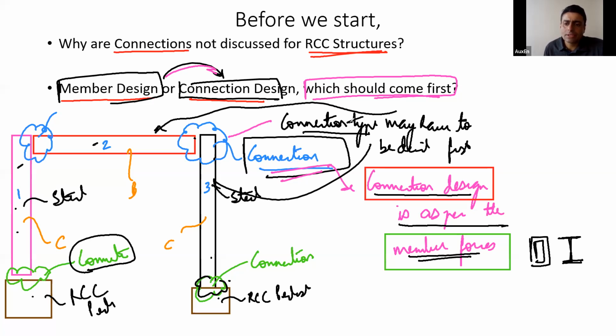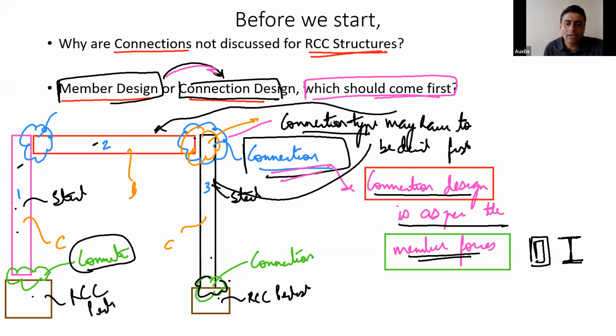Also, as Vijay Kumar is saying, based on the connection rigidity. Yes, this is an important point that we will be discussing in this course: based on the connection rigidity, you may have to vary the member size.